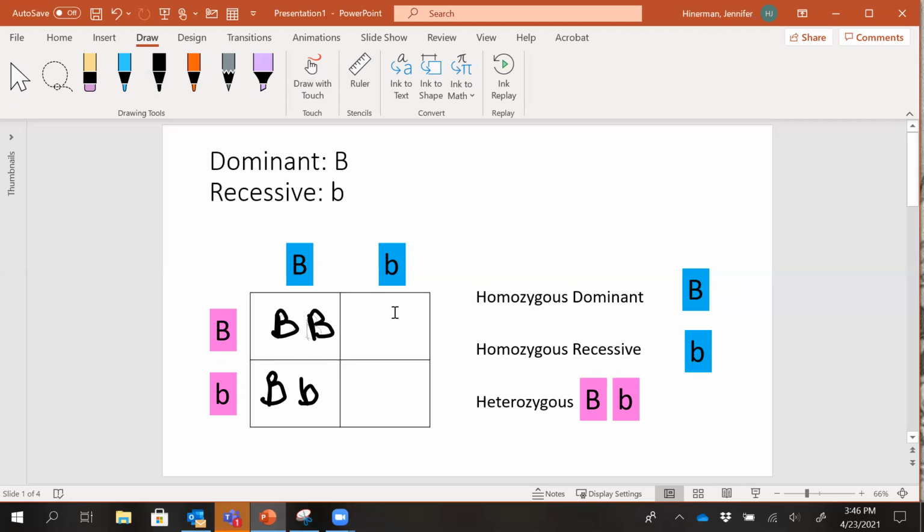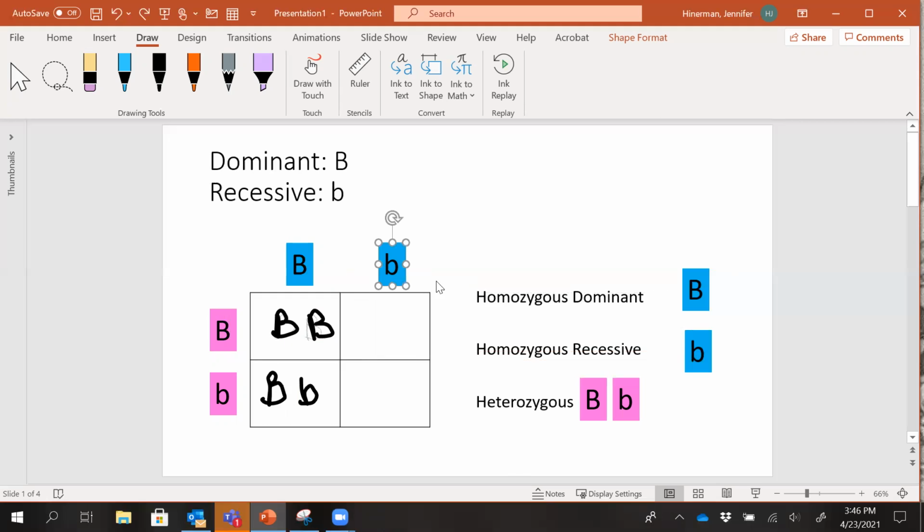Okay, then we're going to do this square. So we're going to combine what's on the top and what's on the side. Okay, so this time, what's on the top is this, and then what's on the side is this. But like we do when we write the first word in a sentence, it always starts with a capital letter. So we always want to make sure that we have our capital letter first. Okay.